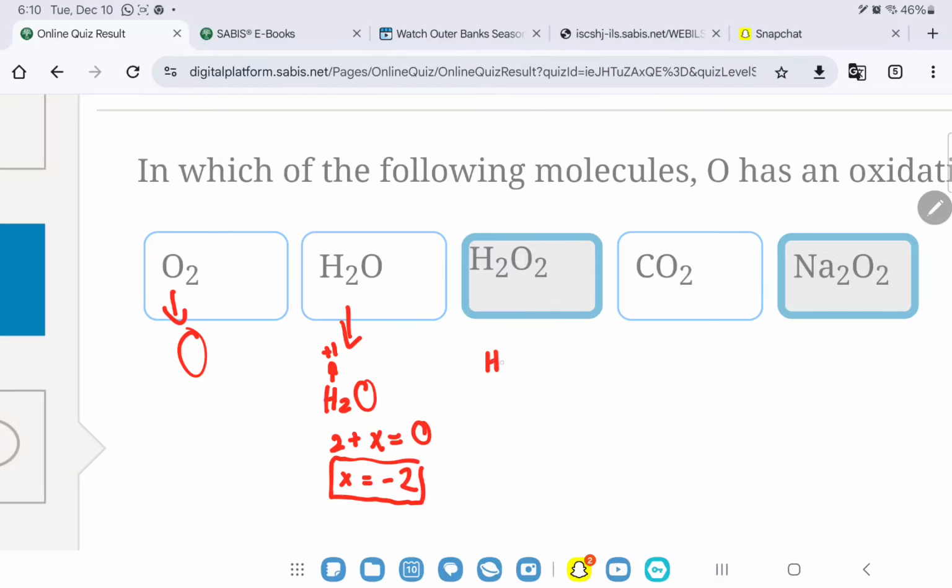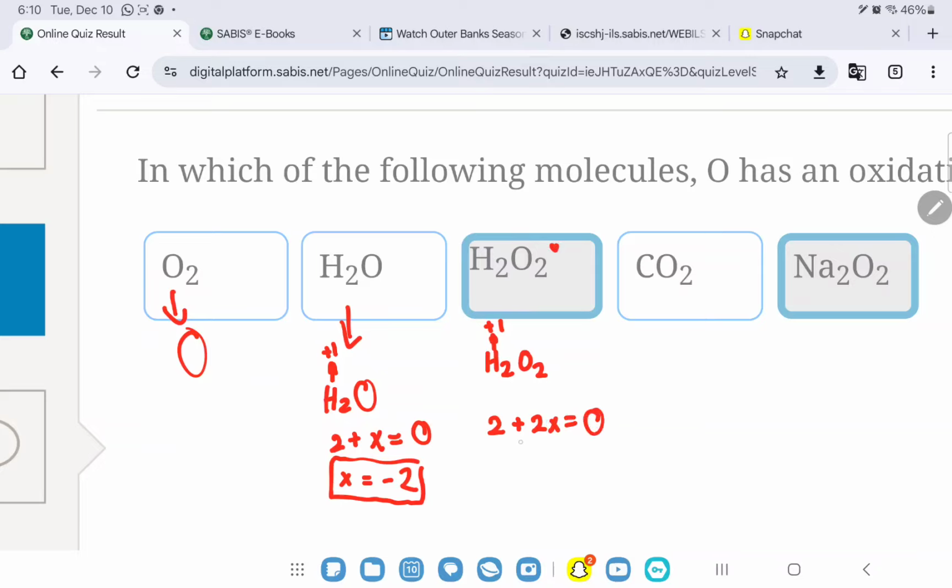Again, H2O2. We know that H has +1. Multiplying it with the subscript gives you 2. Plus, we don't know O, but we know that we need to multiply whatever O is, aka X, by 2. So plus 2X equals, the overall charge is 0.